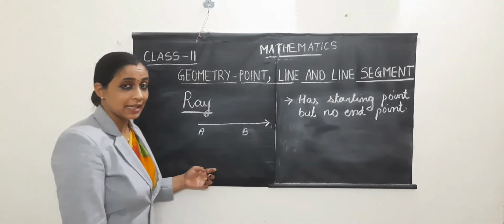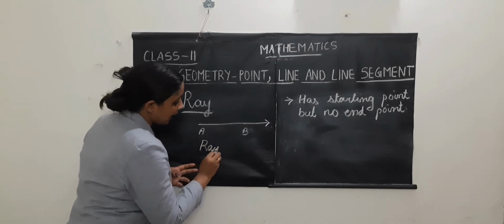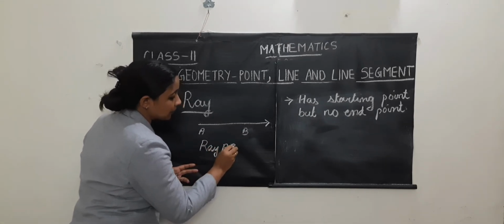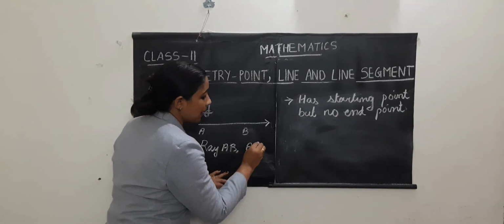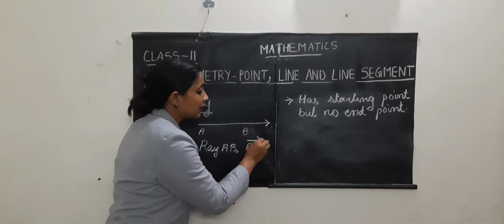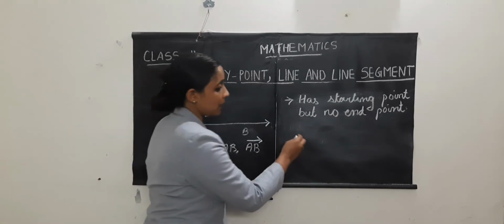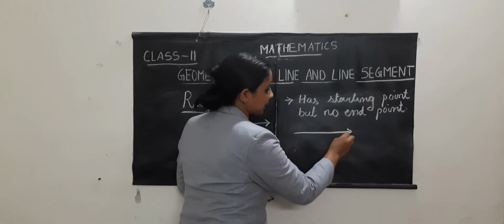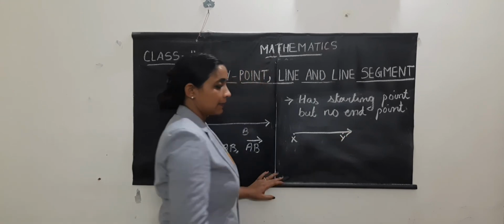Now let us see how to represent it. Ray AB. How will you write it? You will write AB and on the top you will draw a line with an arrow on one side. Let us see one more example: X, Y. What is this?